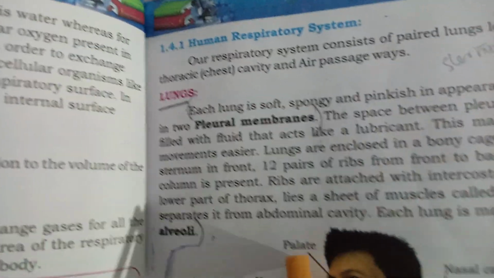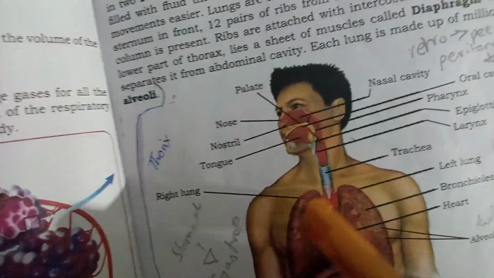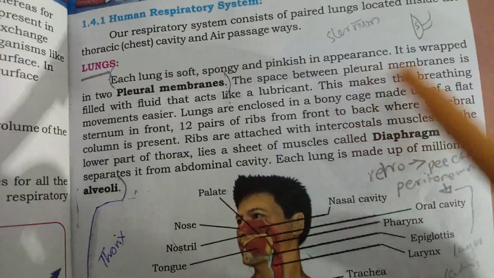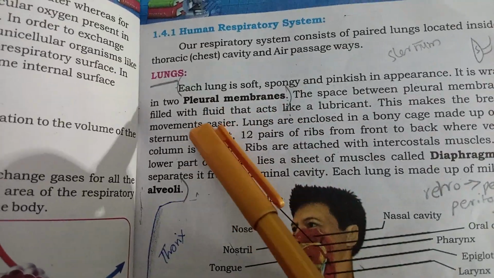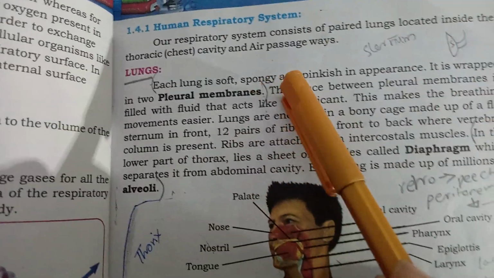Now let's talk about lungs. Each lung is soft, spongy, pinkish in appearance. Okay, it is wrapped in two pleural membranes. Students, remember, it is wrapped in two pleural membranes.